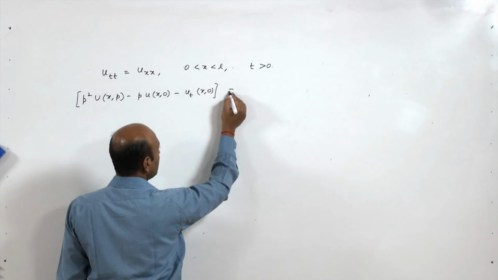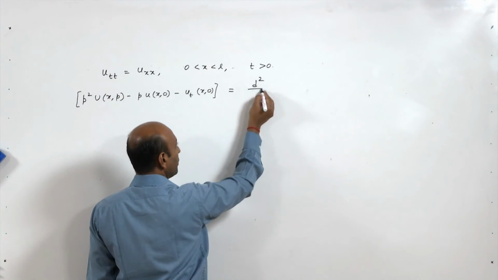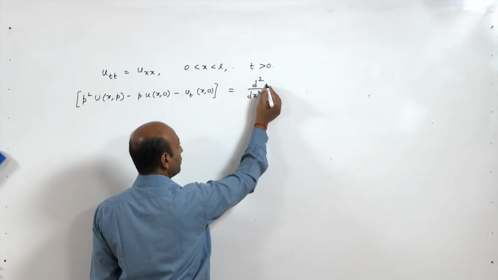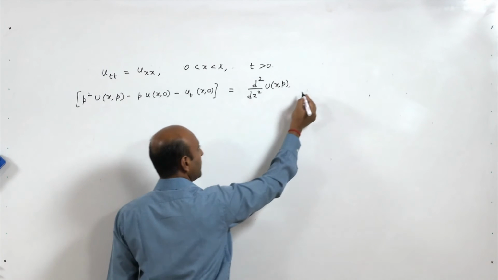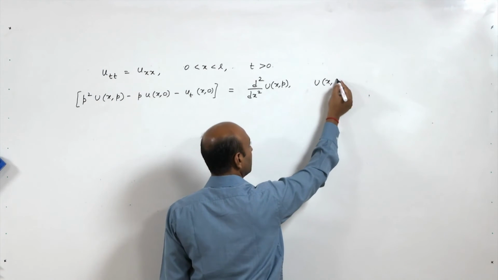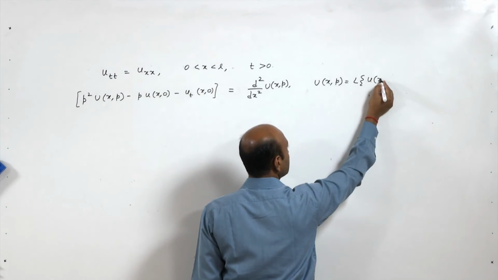So, this is equal to d square upon dx square of U(x,p), where U(x,p) is nothing but Laplace transform of u(x,t).